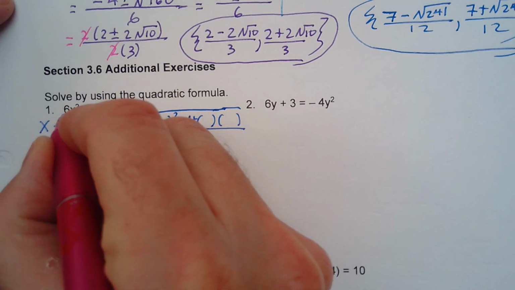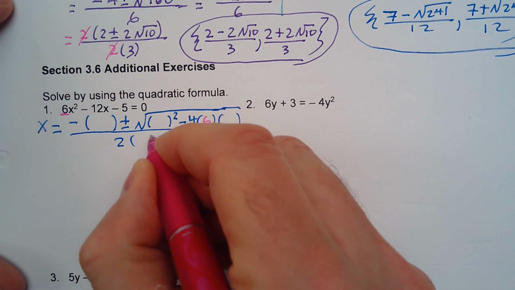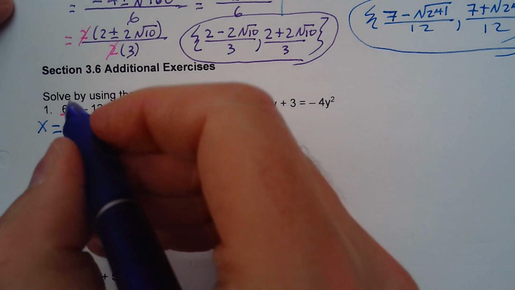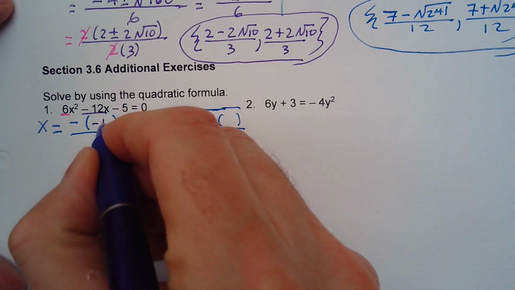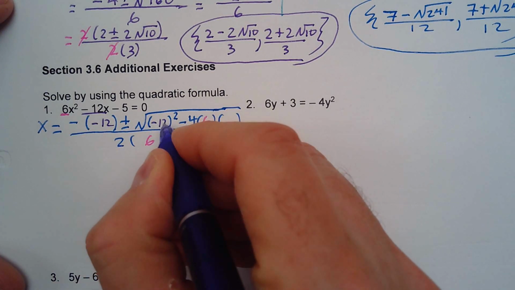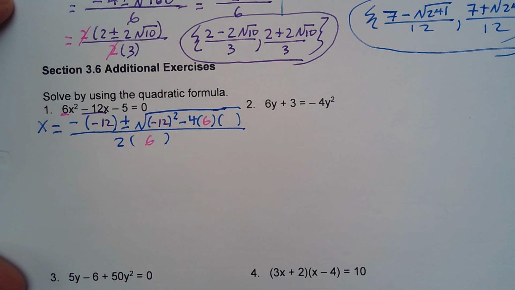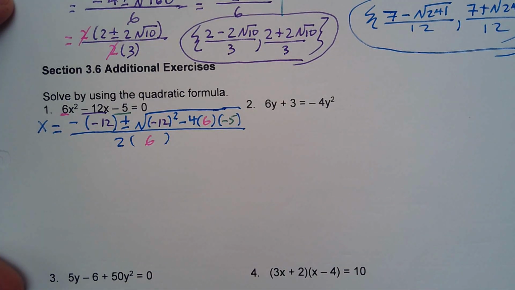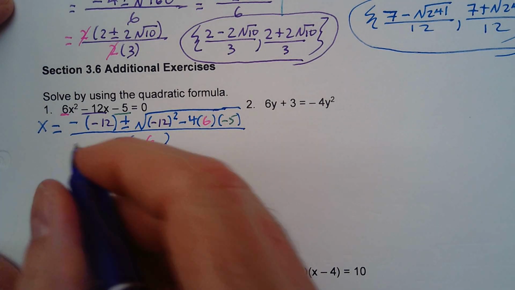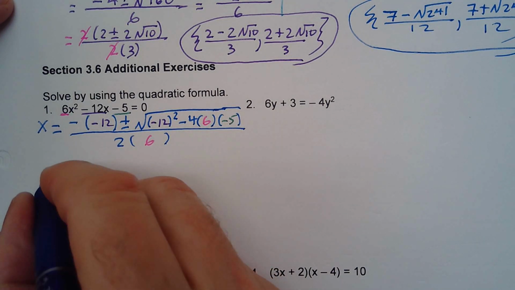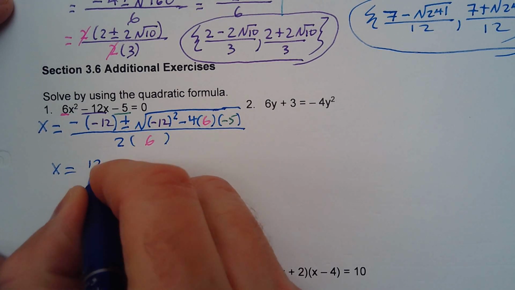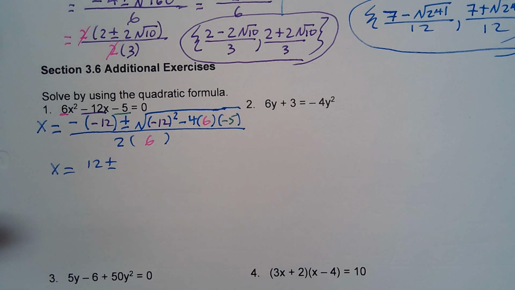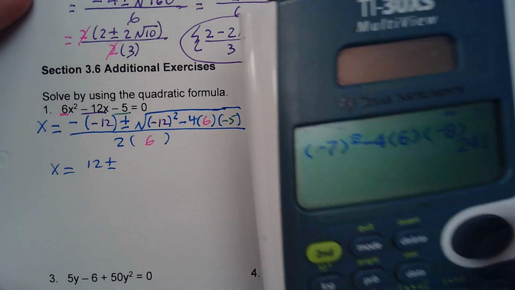So here a is 6, b is negative 12, c is negative 5. So that gives us x equals 12 plus or minus. Go ahead and pop that out on your calculator.